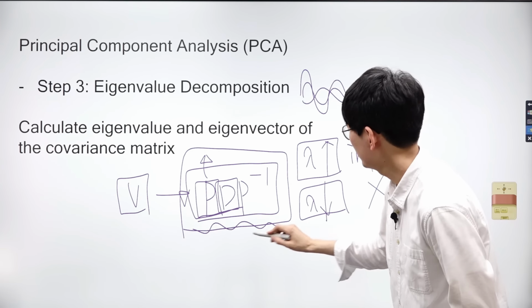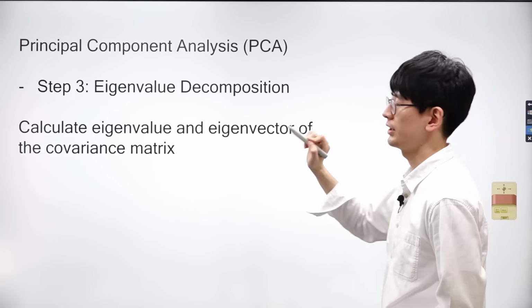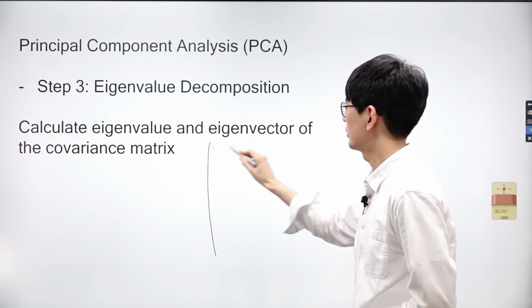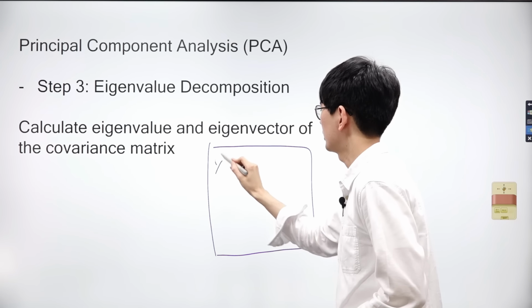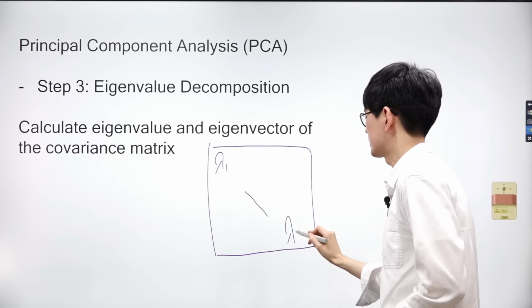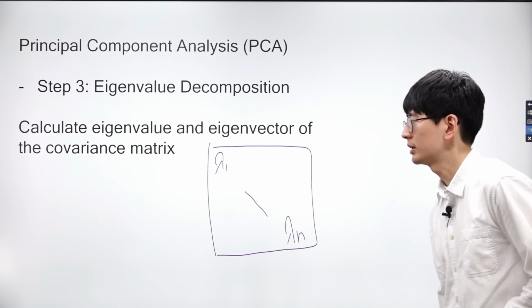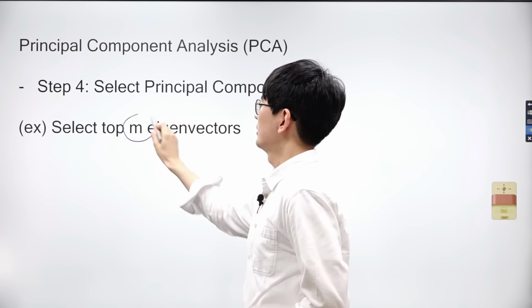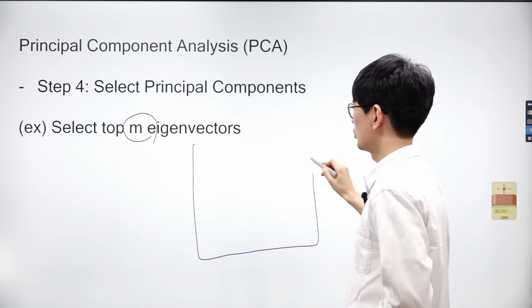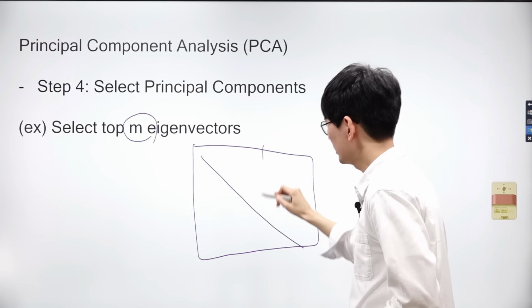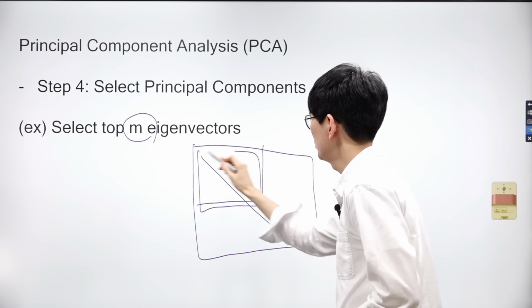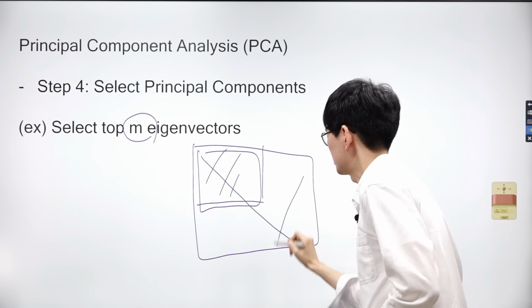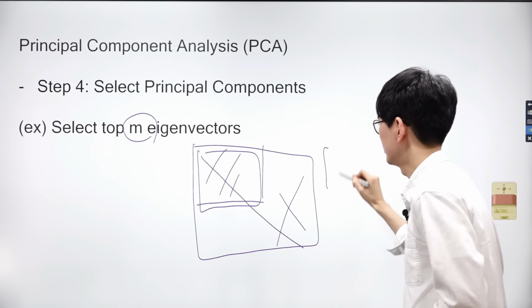In the matrix D obtained through matrix diagonalization, we have n eigenvalues from lambda 1 to lambda n. When arranging the eigenvalues in matrix D, we order them by their magnitude. Within matrix D, we retain the top m eigenvalues while discarding the rest, as higher eigenvalues indicate greater significance.